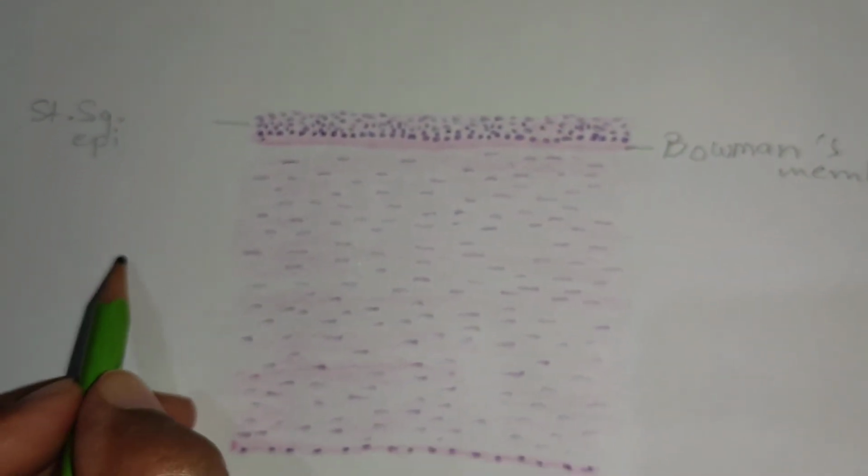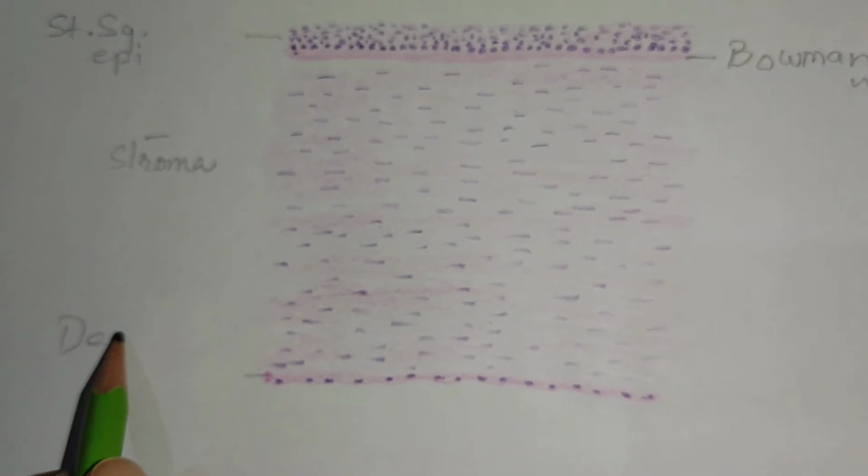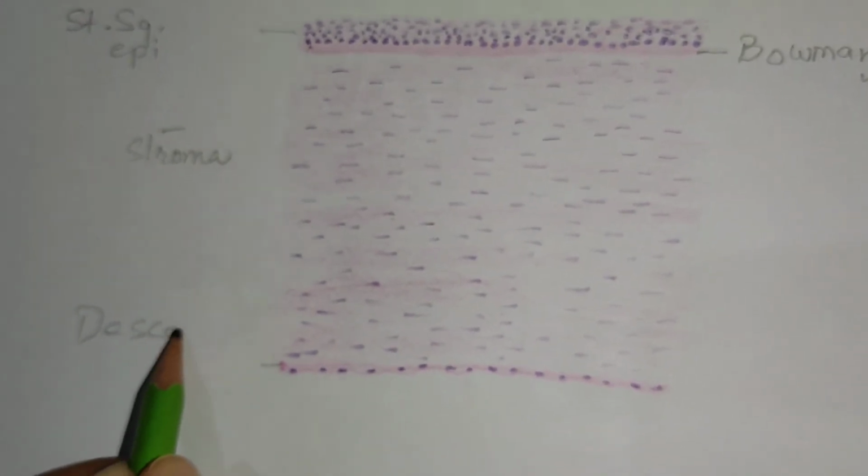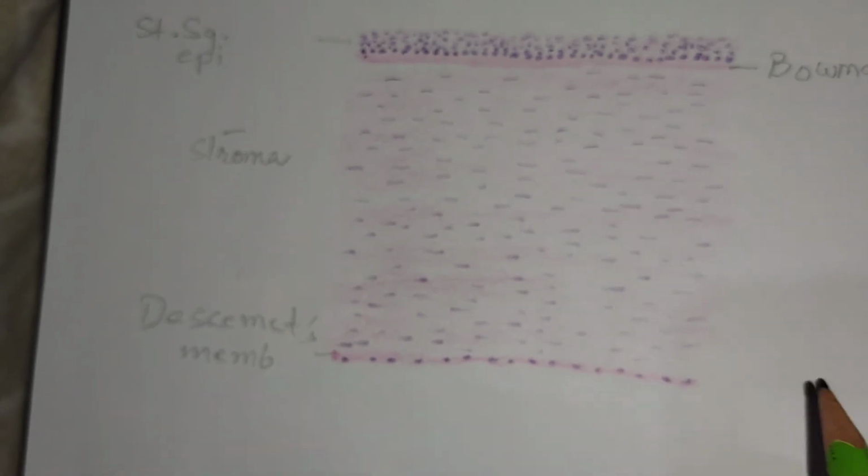Then the fibrous stroma, and then the Descemet's membrane, and then the endothelium.